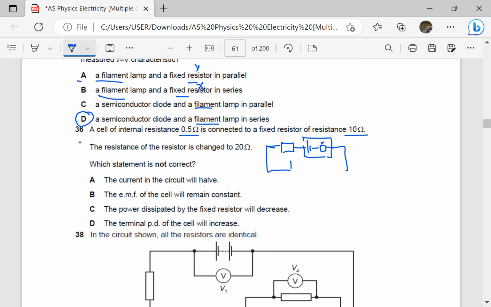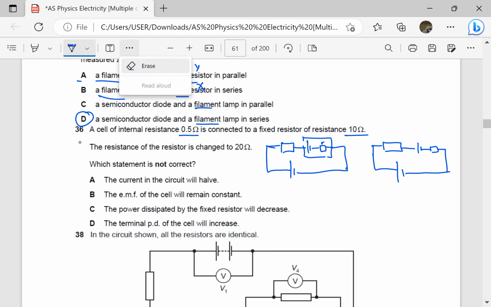Let this be connected to a battery. And then for the second case, we repeat the same. I don't need the second battery.